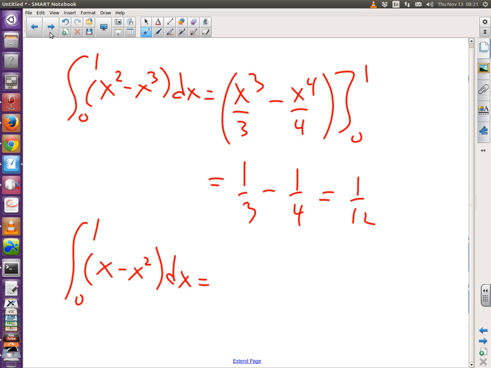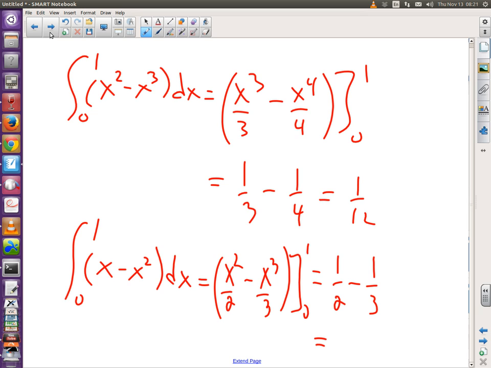So x squared is smaller than x in the domain from 0 to 1. The antiderivative is x squared over 2 minus x cubed over 3, which is 1/2 minus 1/3. Common denominator is 6, so 3/6 minus 2/6 is 1/6.